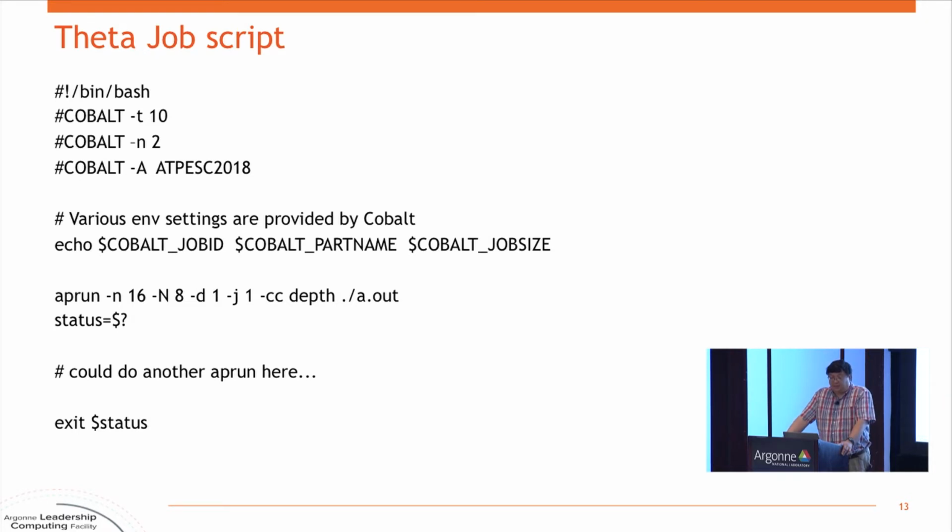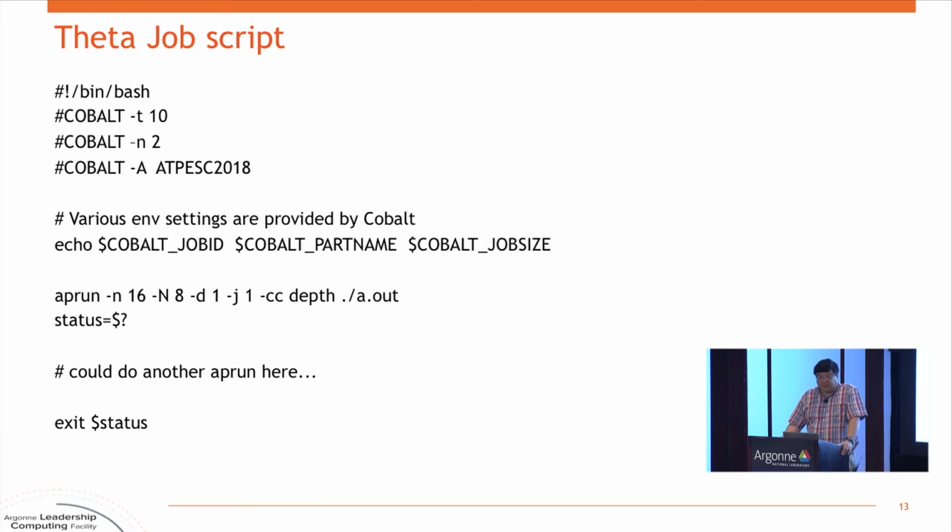Here's a simple job script. The important thing to note is that we're using Cobalt and not PBS. Cobalt is somewhat like PBS for queuing, but it's not quite the same, though there are a lot of similarities. In a PBS script you would include directives such as #PBS at the top to include your options like the queue name or the time or the number of nodes; here you would use #COBALT.